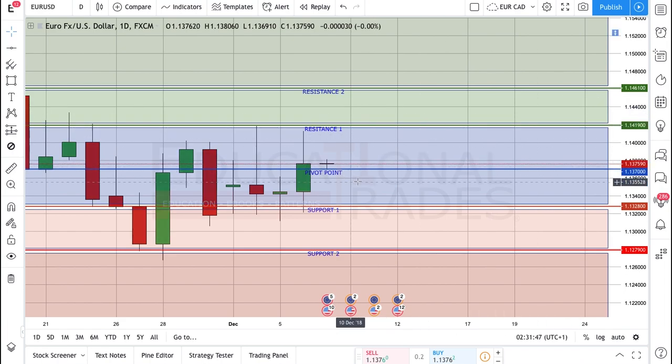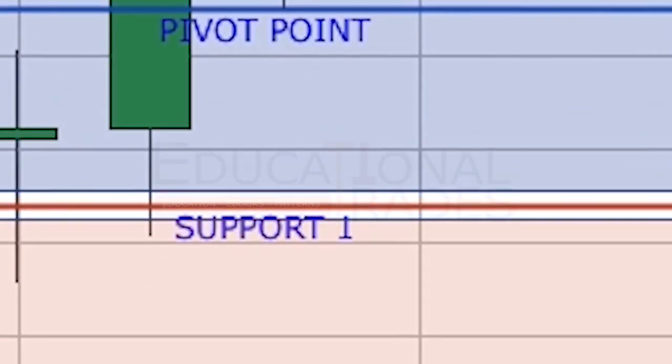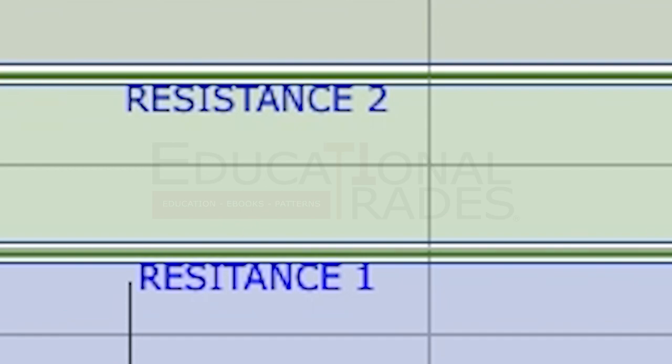If the price is between S1 and S2, it is considered located in the bearish area. On the contrary, if the price is between R1 and R2, it is considered located in the bullish area.